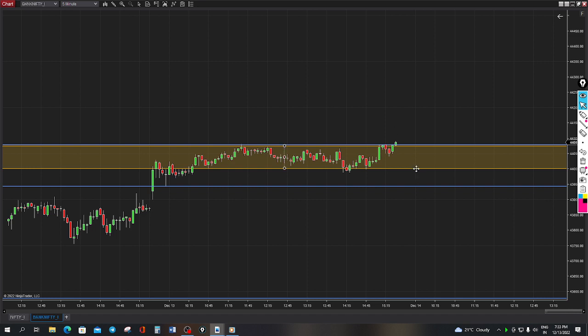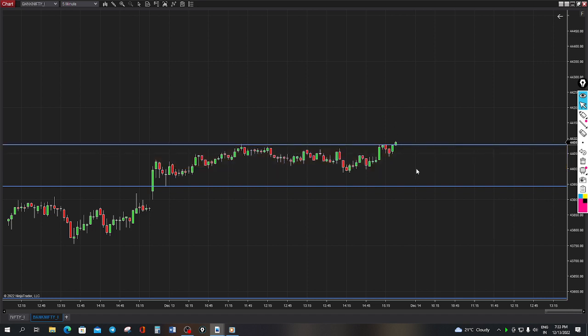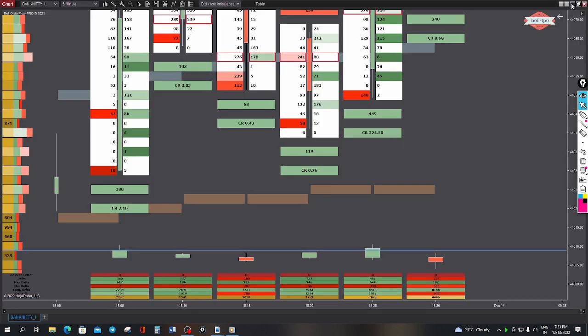However, tomorrow I am anticipating a gap up and the market will be pushed down. That is what I am anticipating. However, it can be confirmed only after the market opens and only after seeing the first two candles on order flow, not on any other charts.